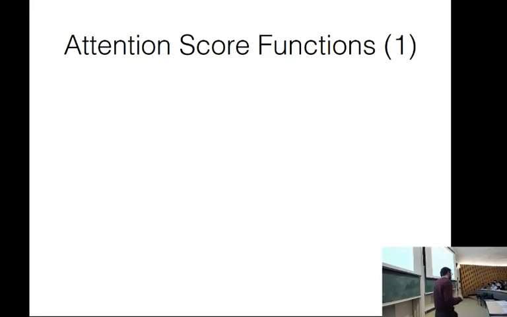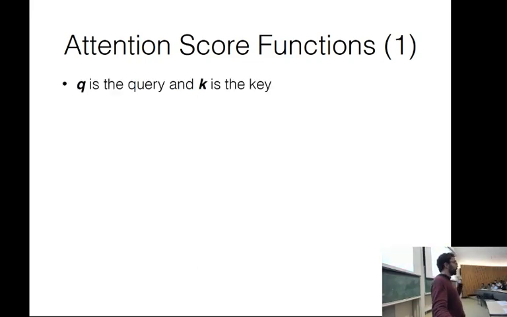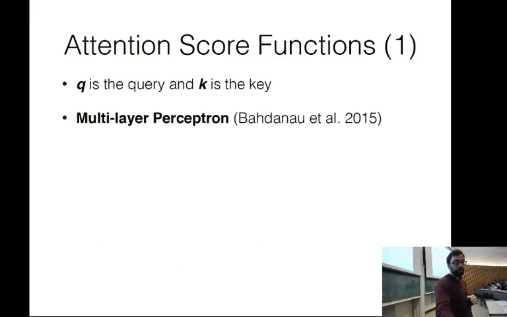So before we mentioned that we will somehow get these attention weights. Let's see how we can do that. Again, Q in all those cases will be the query, the state of the decoder, and K will be the key for every source word representation.